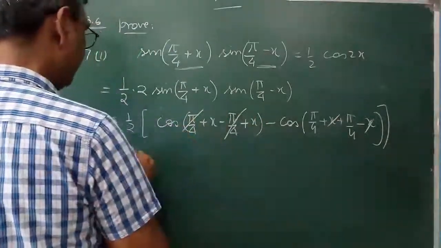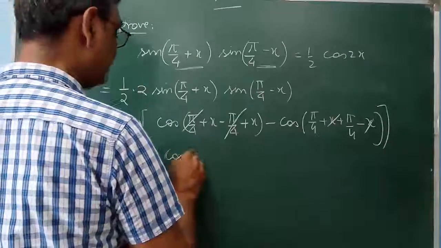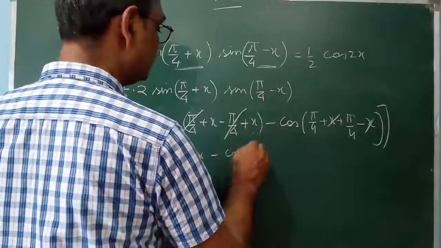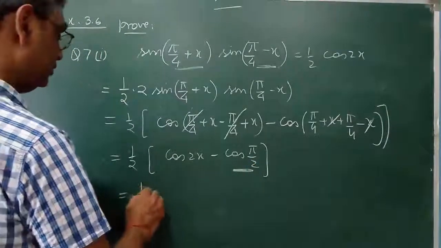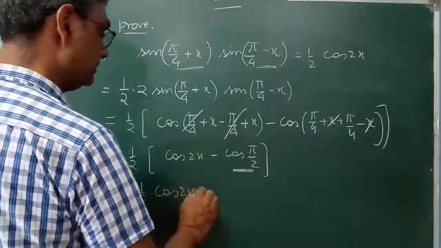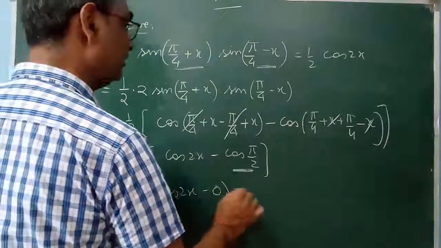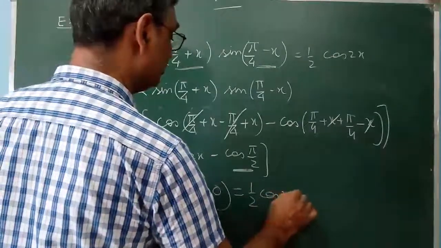So what have we got? We have got cos 2x minus cos pi by 2. Cos pi by 2 is 0. So here 1 by 2 cos 2x minus 0, or 1 by 2 cos 2x.